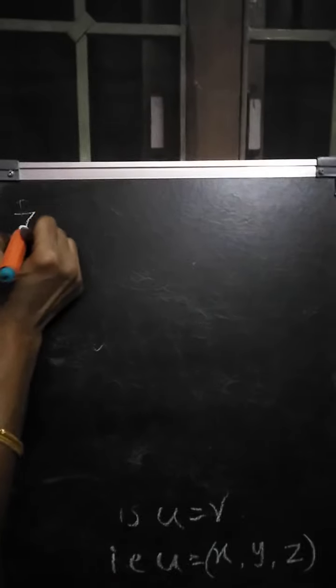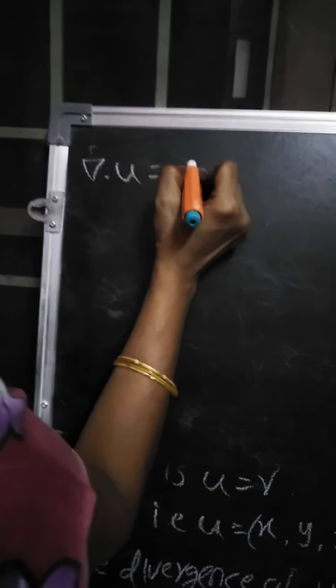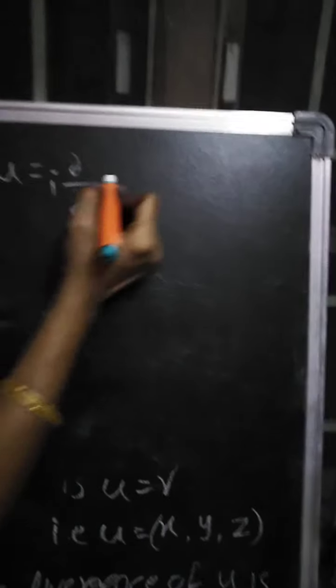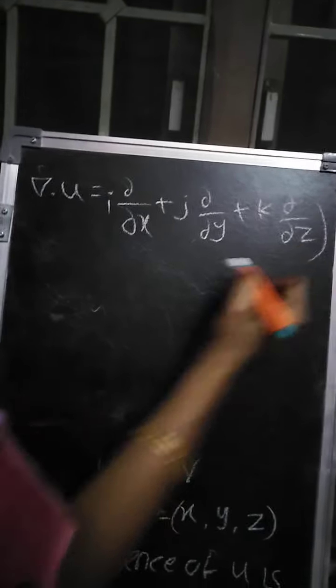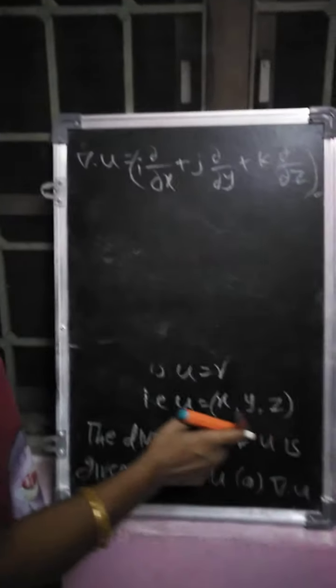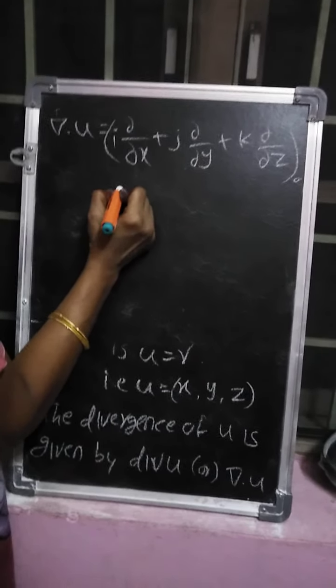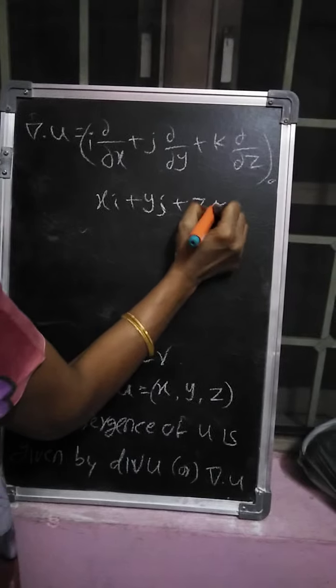So del dot U is equal to i dou by dou x plus j dou by dou y plus k dou by dou z, dot xi plus yj plus zk.